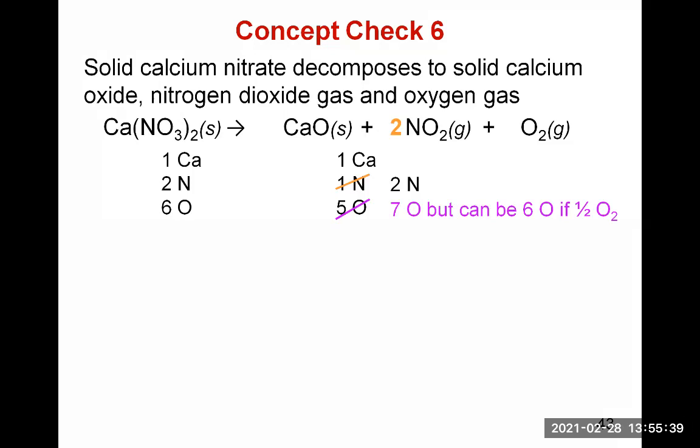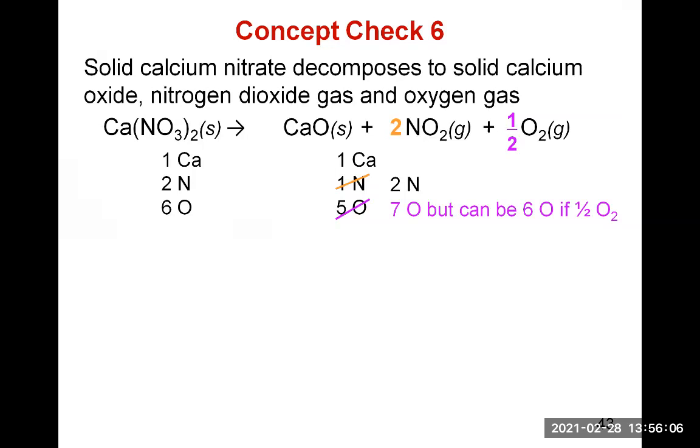So to get 6, we need only 1 more oxygen. So let's put 1.5 in front of O2, and this way that will make only 1 more oxygen instead of 2. So this way we have 6 oxygen on the left, 6 oxygen on the right. So it is balanced, right? The calcium are still balanced, nitrogen still balanced, and that 1.5 in front of O2 balances the oxygen.